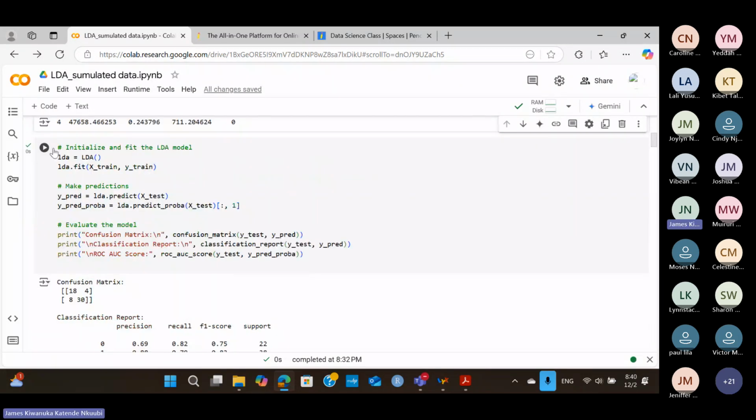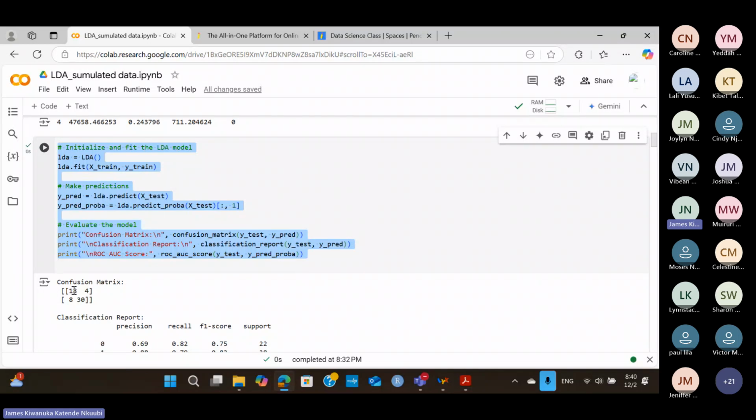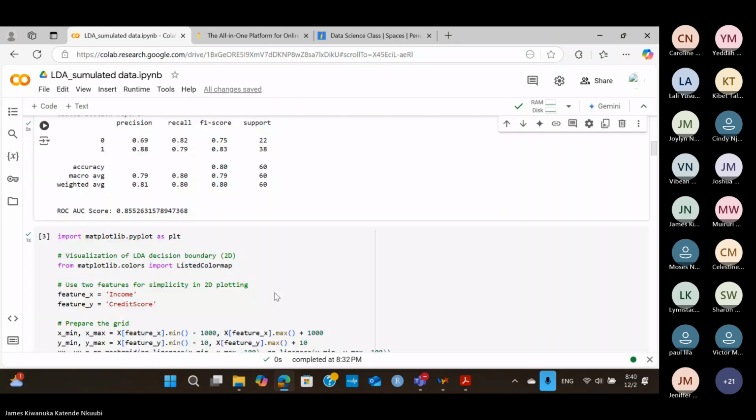Then this second block is all you need to run LDA. It gives you a confusion matrix. If you want the extra data, it's also available. The area under curve score is 0.85.